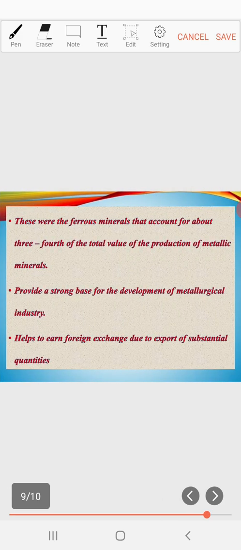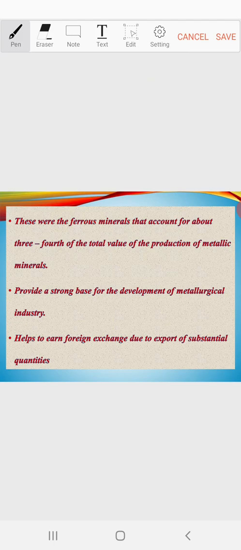Now, ferrous minerals account for about 3/4 of the total value of the metallic minerals, and ferrous minerals are considered a strong base for the metallurgical industry. Why? Because it supports other industries, and that is why the iron and steel industry is considered a basic industry.